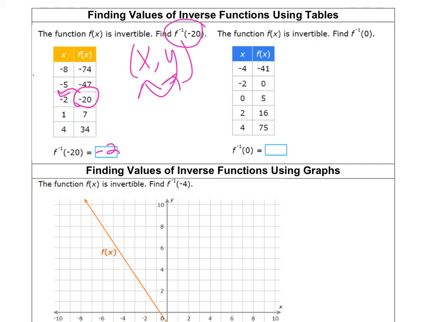So I'm not really looking for the input, I'm looking for the output. Same thing over here. The function f of x is invertible. Find the inverse of f of 0. So really, this is when my y equals 0, which would give me an x value of negative 2.